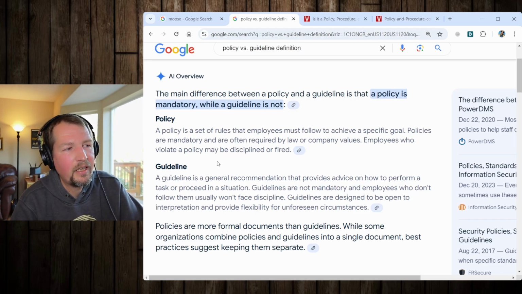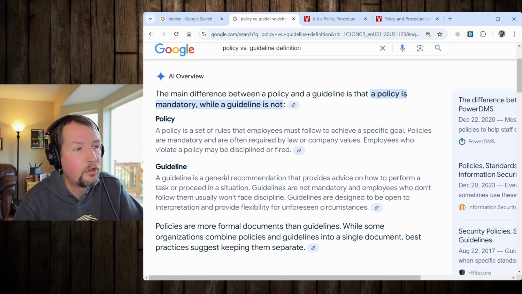If you say, well, it's our policy that people come to the office 3 days a week, but you don't measure it, and there's no repercussions for employees who show up 1 day a week, then you don't really have a policy. You have a guideline. You need to tell your employees whether you have a policy or whether you have a guideline.